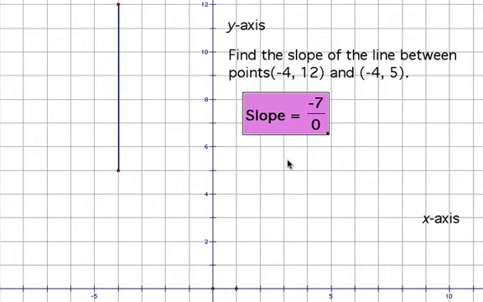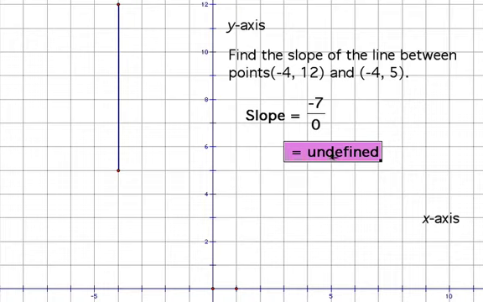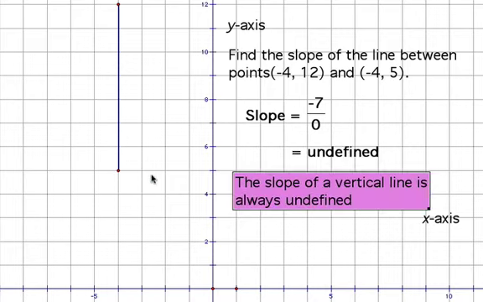And so that means that, as we said before, the slope of the line is undefined because anytime you have 0 in the denominator, that slope is undefined. And whenever you have a vertical line, there is no run. So the run is always going to be 0 because you're not going left or right. So a vertical line always has slope that is undefined.